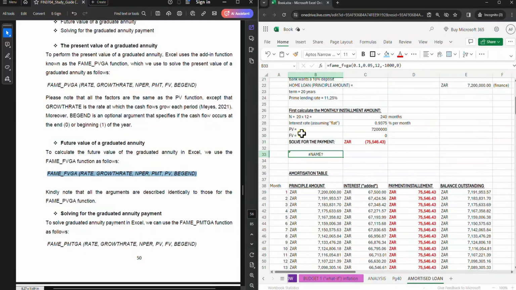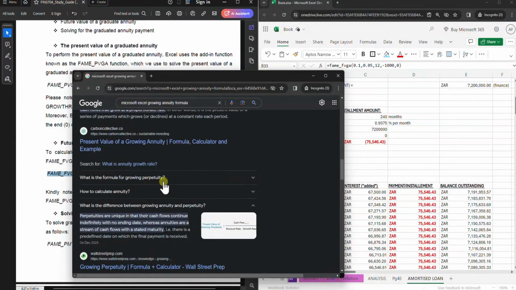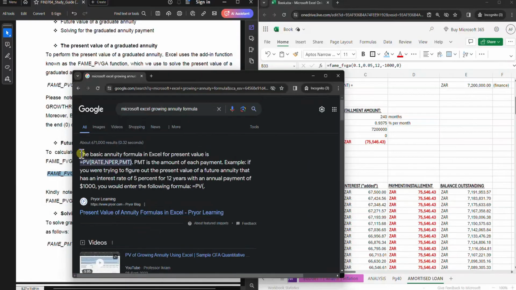I don't know. I'll try it when I have my normal 360 and I'll just type this in and see if I get more options. But having Googled it, I don't see it coming up, which is unusual because you can work out an annuity, but we know that and we have that.